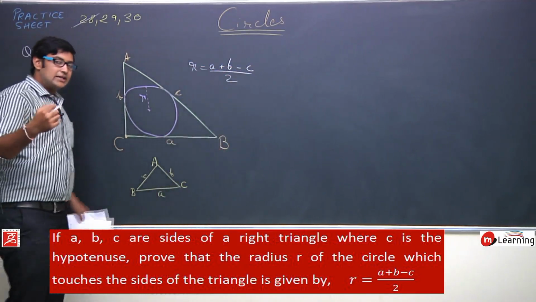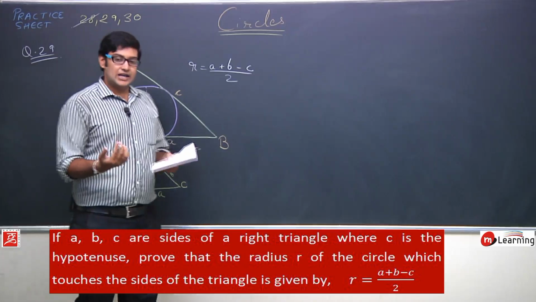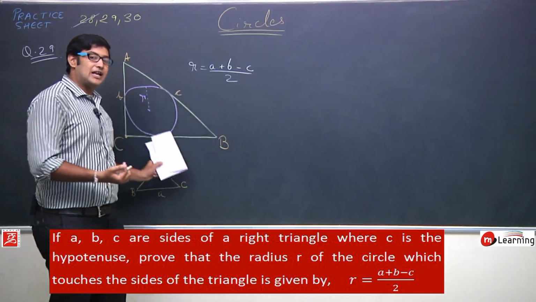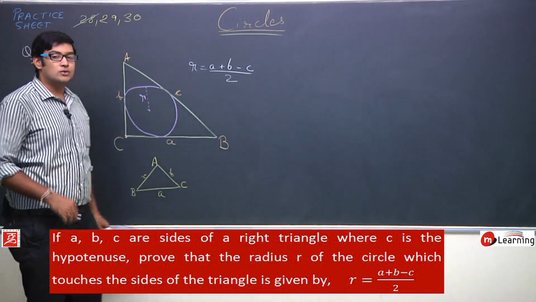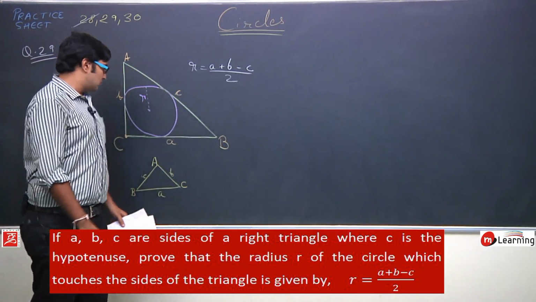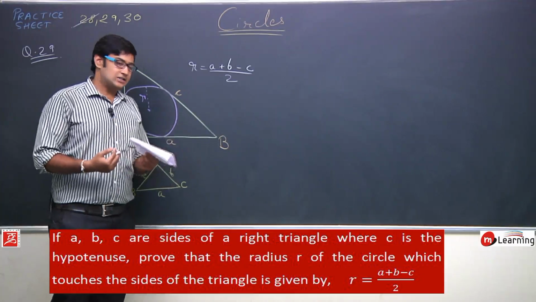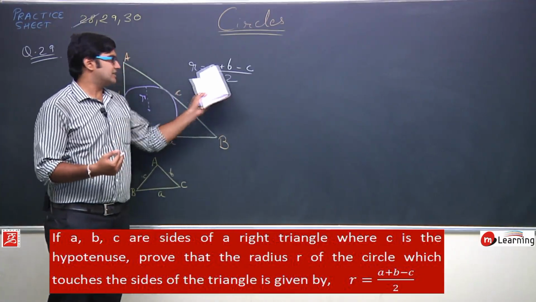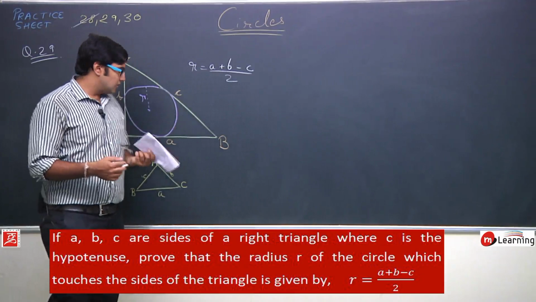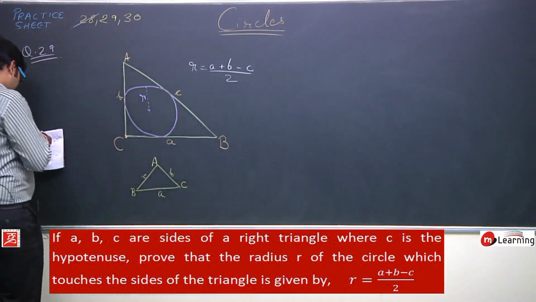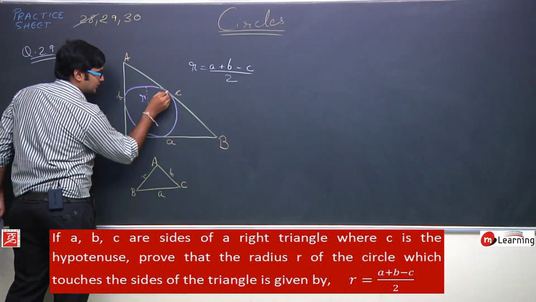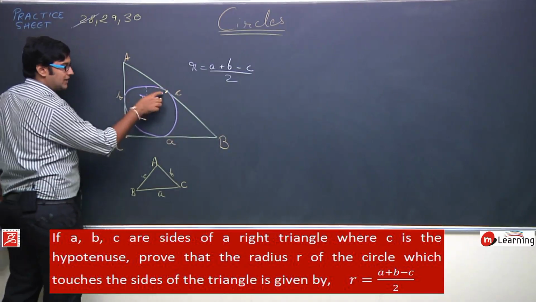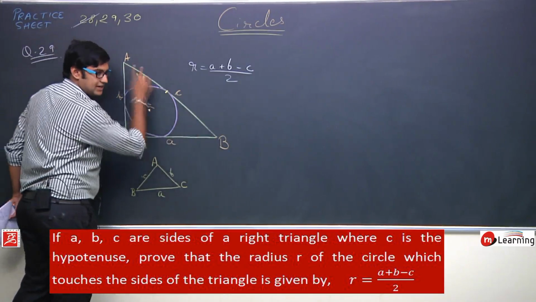That is, we need to determine a relation between the sides of the triangle and the radius of this circle. We need to relate these two particular things. Okay, so let us think how to relate this radius and the sides of the triangle. You can see that if I join this center with this point, this is the point where this circle touches side AB.